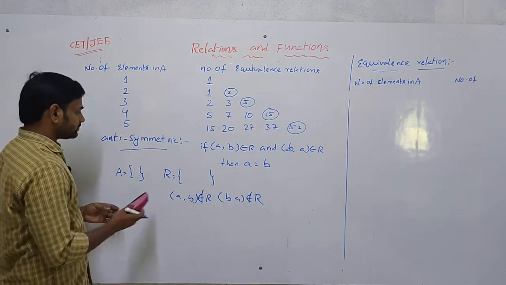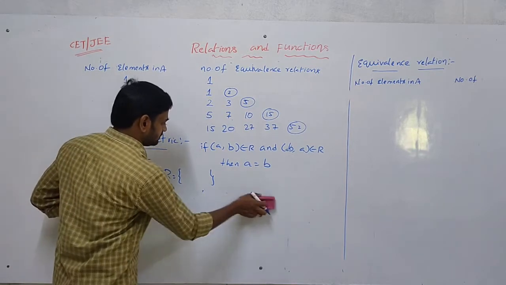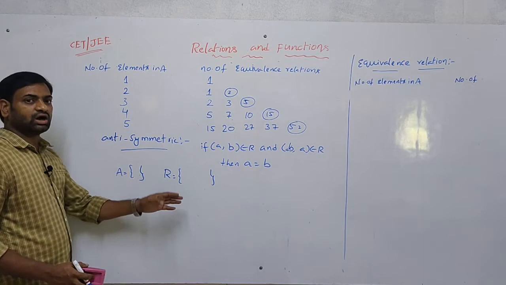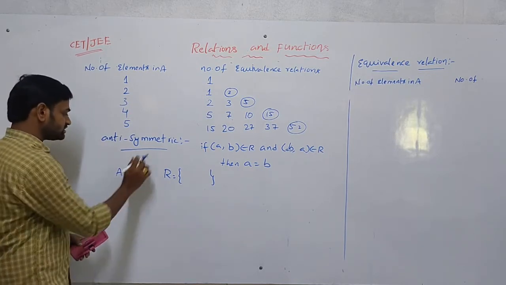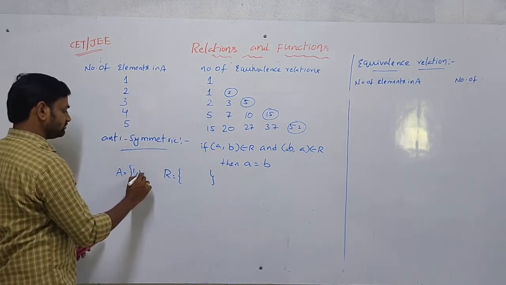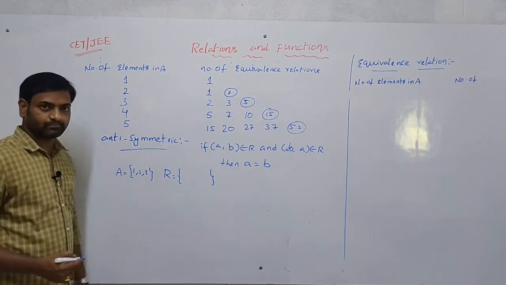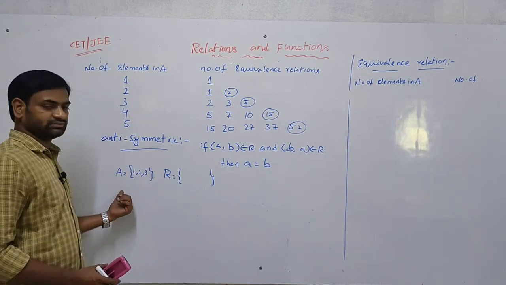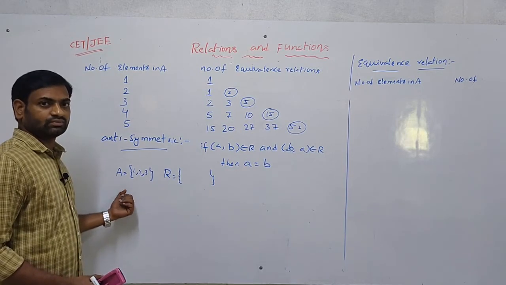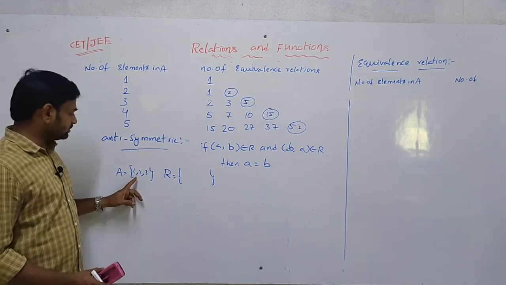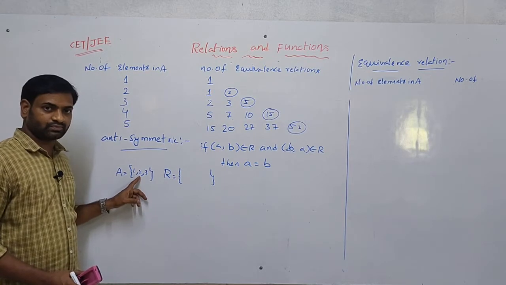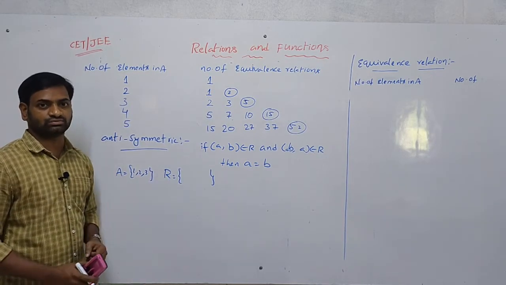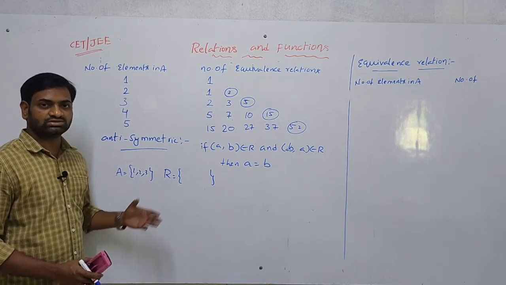Next, the empty relation on a non-empty set. Non-empty set means there are some elements, 1, 2, 3, some elements are there. Empty relation on a non-empty set. Here 1, 2, 3 is there, so it should be 1, 1, 2, 2, 3, 3. Then it is reflexive, but there are no elements. It is not reflexive.